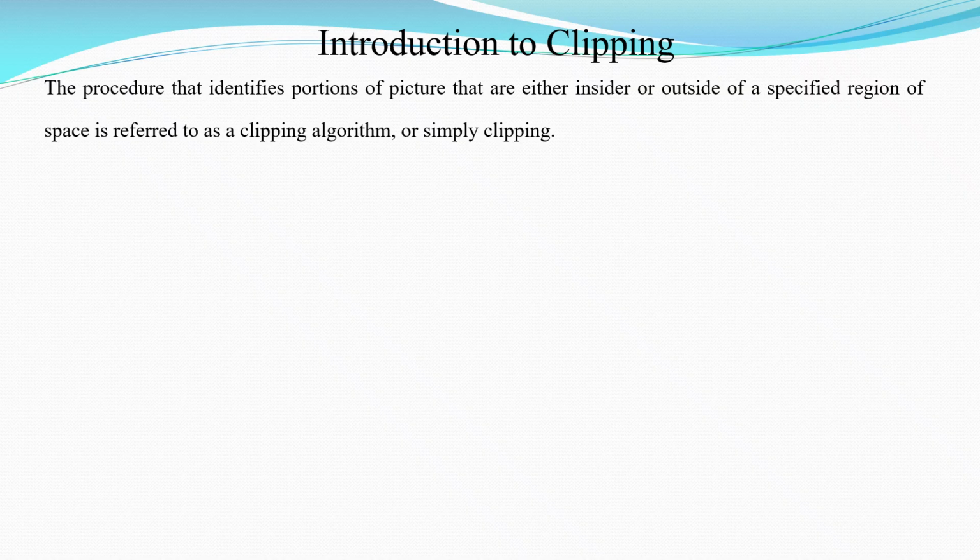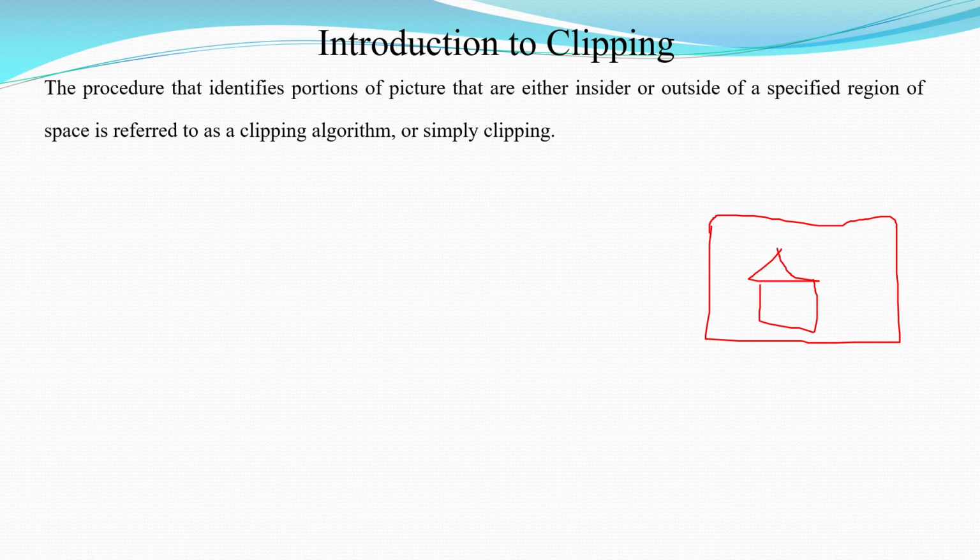What does it mean? Suppose we have a window, this is your given window. The image will be inside the window, right? So we want to view that particular image or a part of the image.